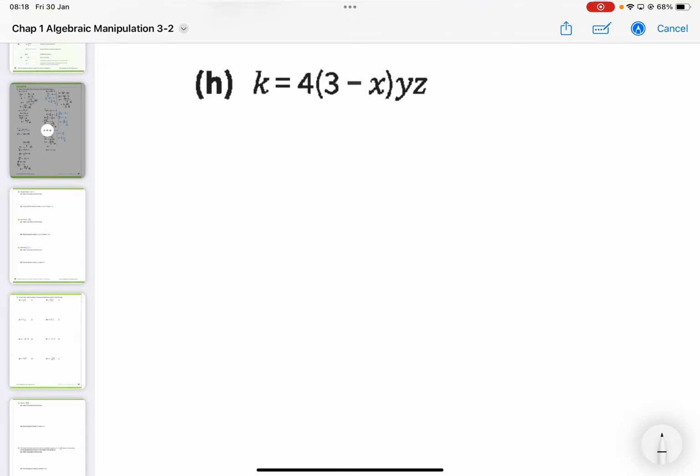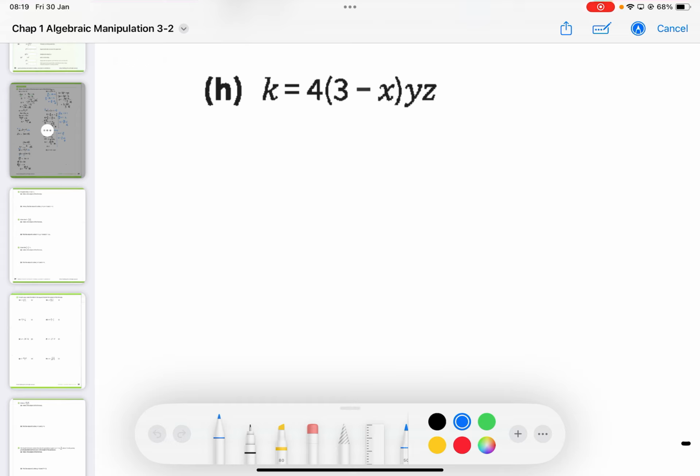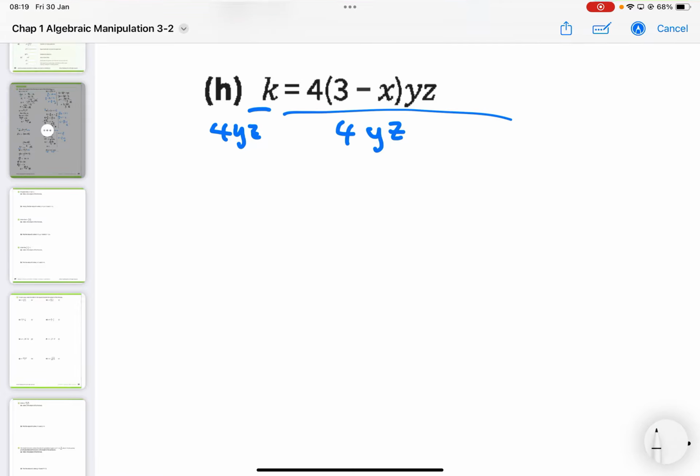Okay. H. My X is trapped inside the bracket. So I don't want it to be inside the bracket. One way is I multiply, expand everything, then it will be no longer in a bracket. Another way is 4 multiply bracket, multiply Y and Z. I divide by 4Y and Z. Then left hand side I will have K over 4YZ.